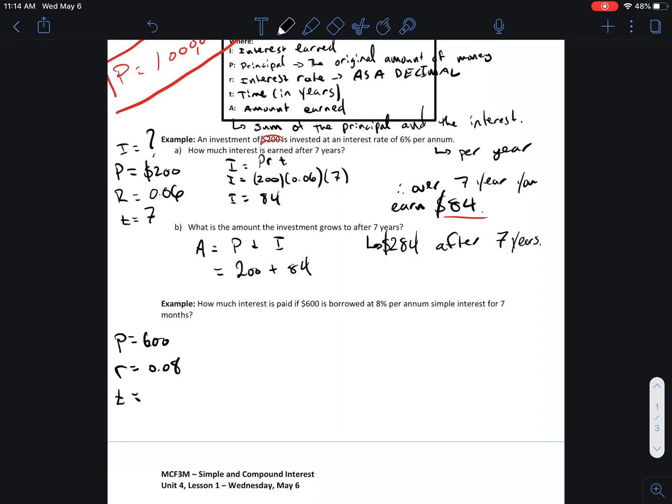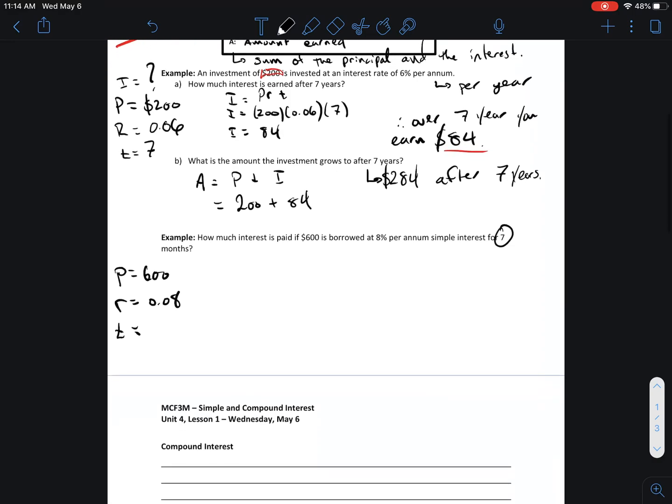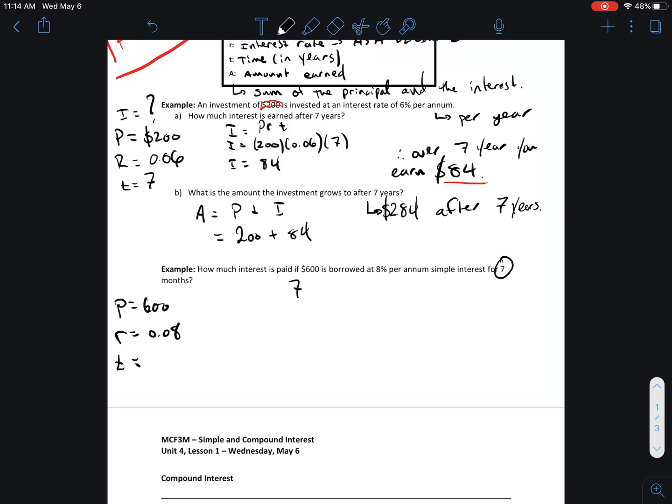And then T, here's the catch. The amount of time always has to be in years. So what we have to do here is write 7 months in terms of years. This is the important part of the question, and it changes things a little bit, because it's being compounded every month, as a credit card is.